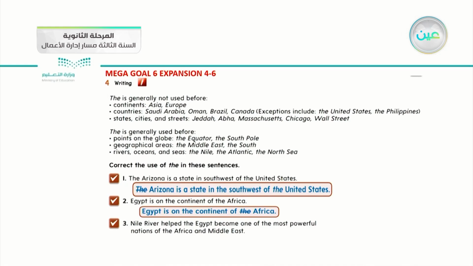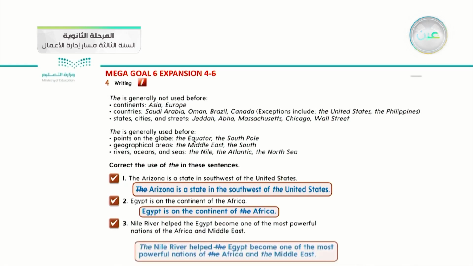Number 3, Nile River helped the Egypt become one of the most powerful nations of the Africa and Middle East. What do you think is the wrong one here? We are searching for the article that we should omit. Try to think.